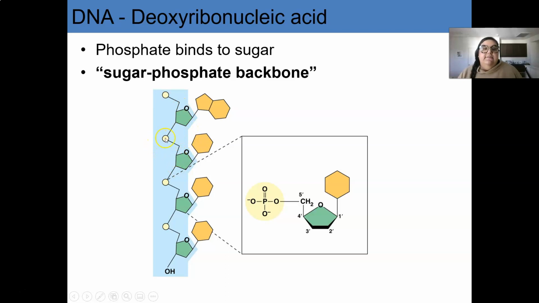You can see the phosphate here combines with the sugar of another nucleotide, and then we start to form a backbone. That's what starts to make the structure of DNA. And the nitrogenous bases, the A, T, C, and G, hang out here in the middle. So we have a backbone of sugar and phosphates that bind together, and the nitrogenous bases hang out in the middle.